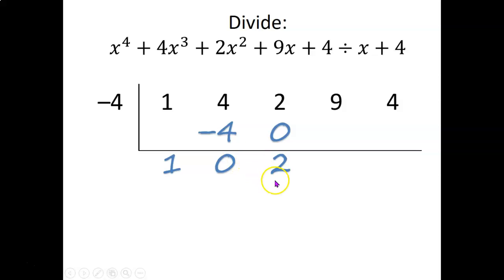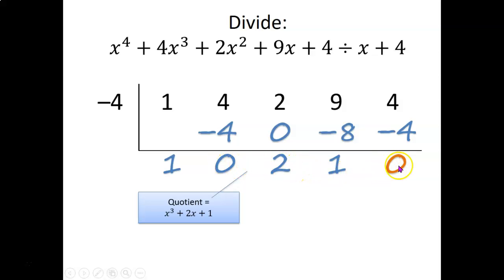Multiply negative 4 times 2 is negative 8. Add 9 plus negative 8 is 1. Multiply negative 4 times 1 is negative 4. And add 4 plus negative 4 equals 0. So notice how this is a series of adding and multiplying. Add down, multiply, add, multiply, add, multiply, add, multiply, add. So now that we've done all of that, look at the numbers we ended up with.